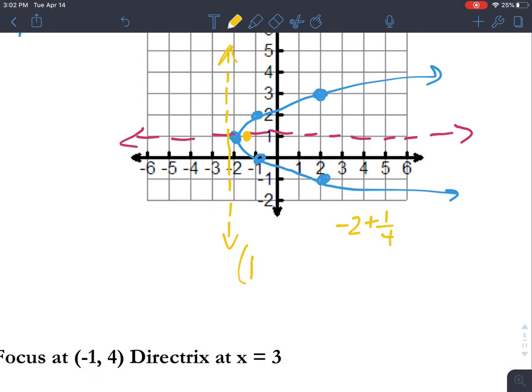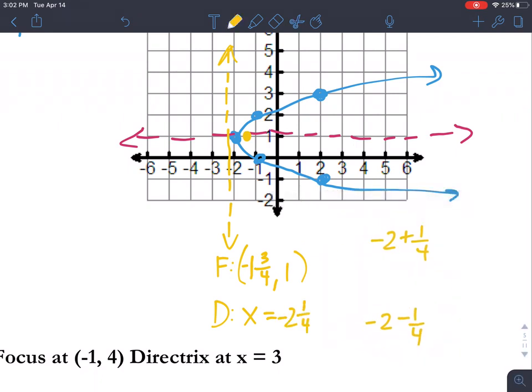Okay, we're at -1 3/4, comma 1 for that focus. And for our directrix, we're a vertical line at x equals -2, and we're going to go 1 more fourth, so -2 1/4. And again, how I'm getting those values is doing h plus or minus p. I just wanted to show you that, h plus p, h minus p.